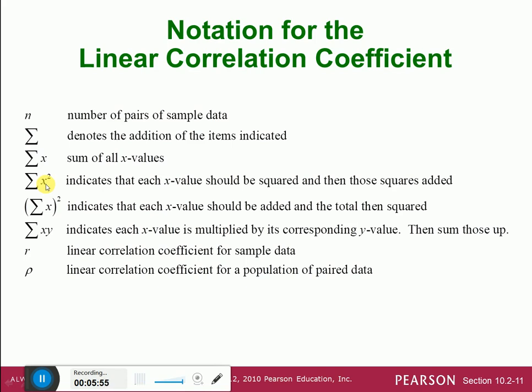Here we sum them all together and then the final value we square. This one is that you take x and y, multiply together, and then you sum them all together. And r is the linear correlation coefficient for the sample data. Rho is the linear correlation coefficient for the population of paired data.